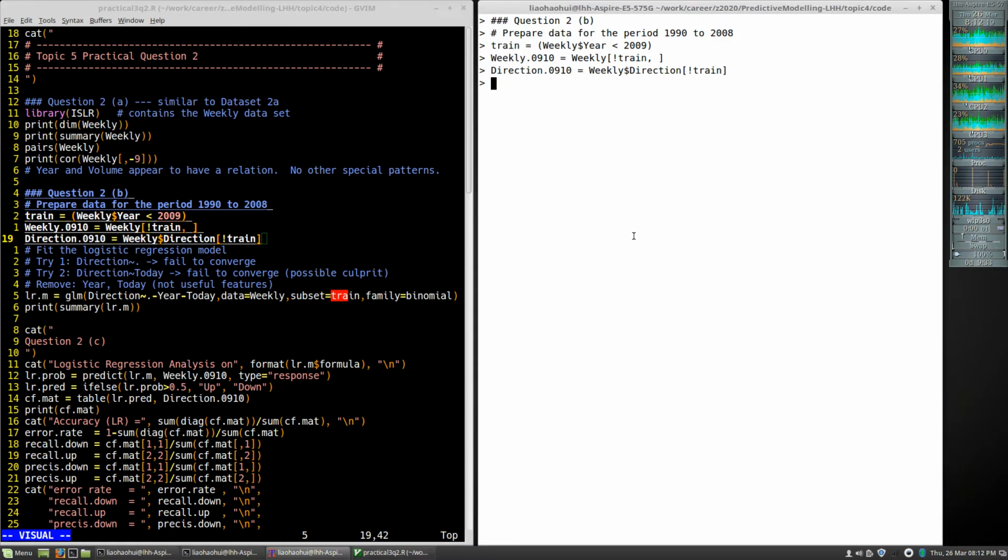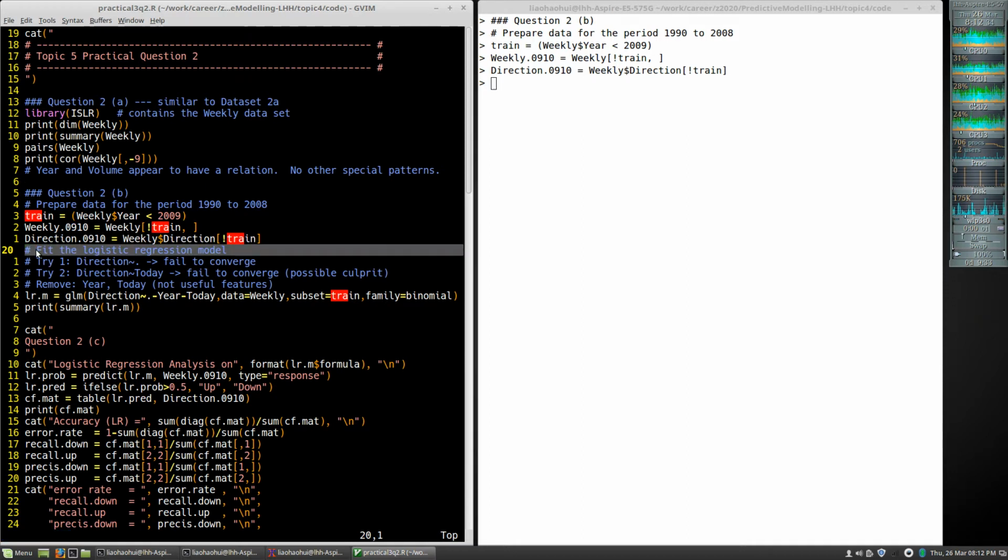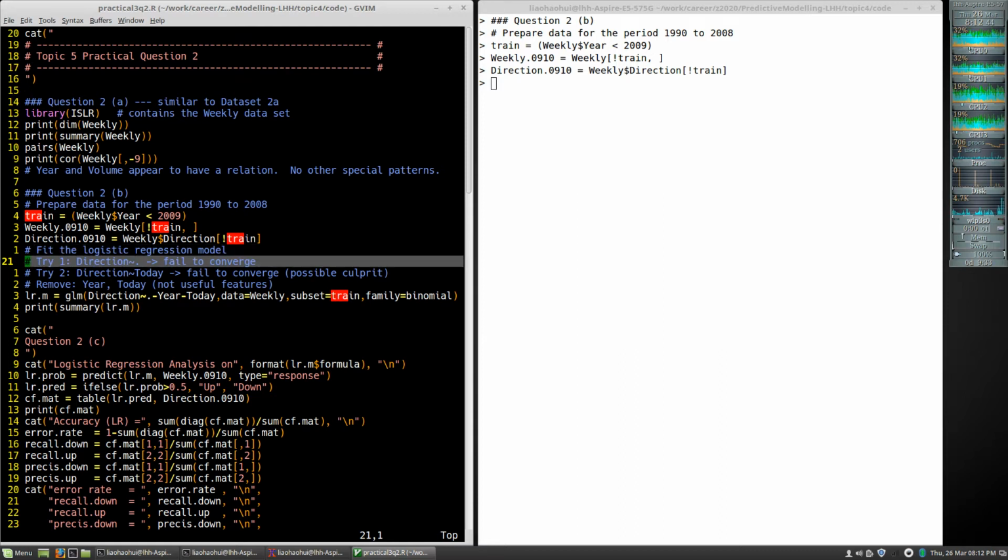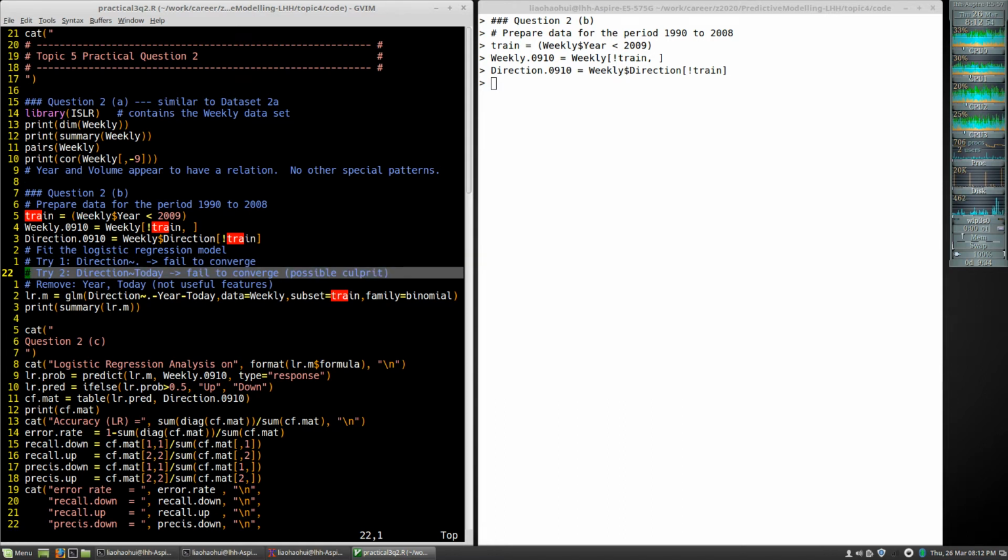As we learned during practical 2, we use a generalized linear model in order to fit a logistic regression. When I tried the logistic regression model previously with every predictor, it failed to converge, so I had to find the cause.